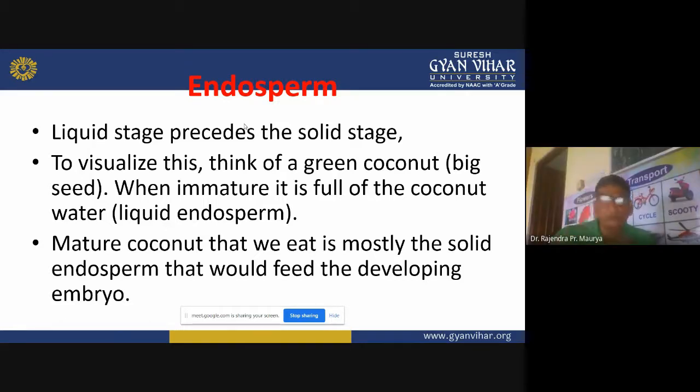Sometimes doctors prescribe coconut water for patients to drink, as you know very well. The mature coconut that we eat is mostly the solid endosperm that would feed the developing embryo.